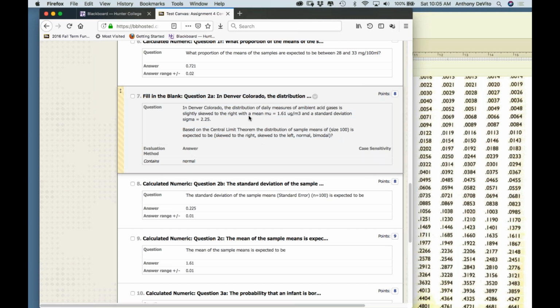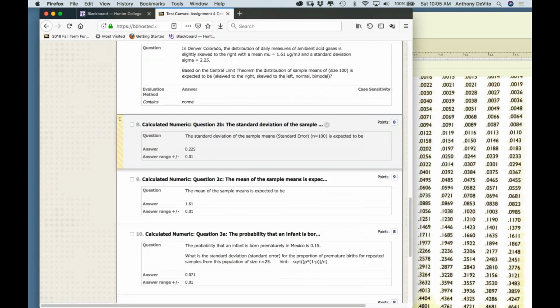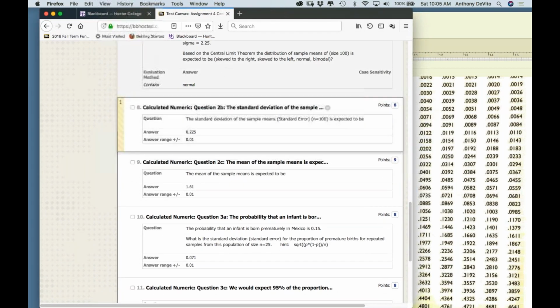And the central limit theorem tells us that even though the population values are slightly skewed to the right, the distribution of repeated samples of size 100 is going to be normally distributed, or normal enough for you to use it effectively to make predictions. Okay, so we're going to say that's going to be normal.